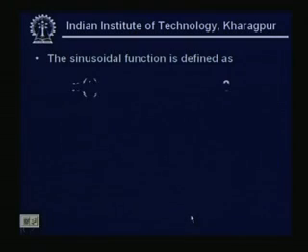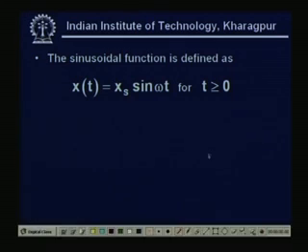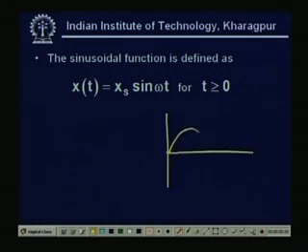The sinusoidal function can be written as x equal to xs sin omega t. Very simple, we all know. That means, if I have a sinusoidal function, this is my xs.